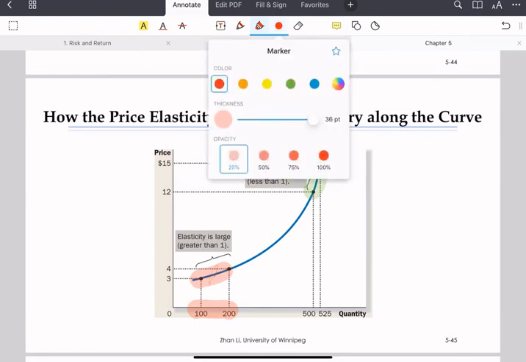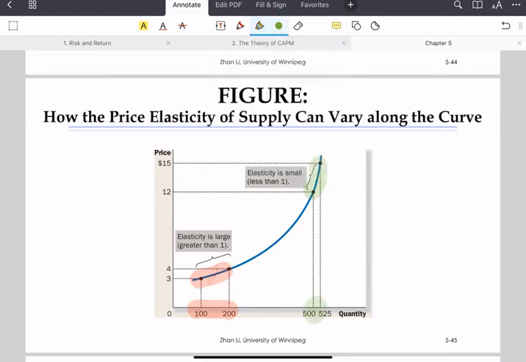And now, if you're here, right? Your production level is already high. This implies your factory is running at its full capacity. So now, if you see a price increase, even if you want to increase your production level, due to this capacity constraint, it will be hard for you to actually increase your production level.